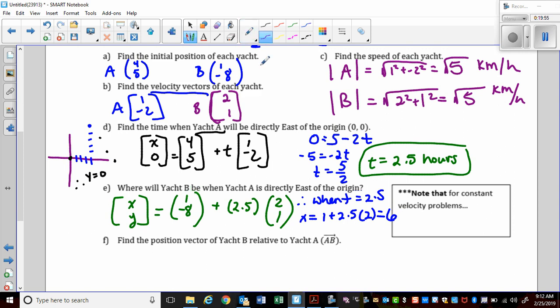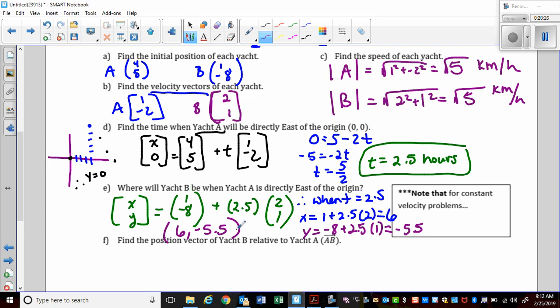And then y equals -8 plus 2.5 times 1, which is negative 8 plus 2.5, which is negative 5.5. Check, make sure. So my position is going to be at (6, -5.5).